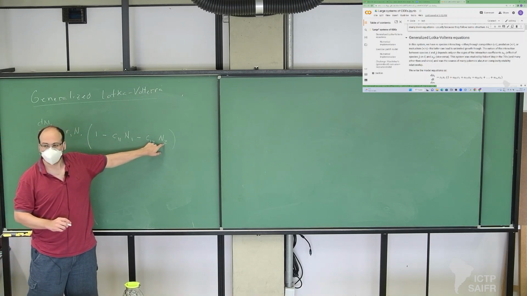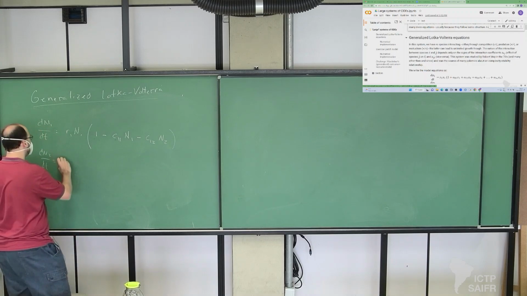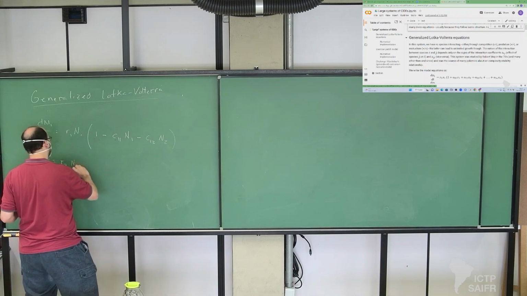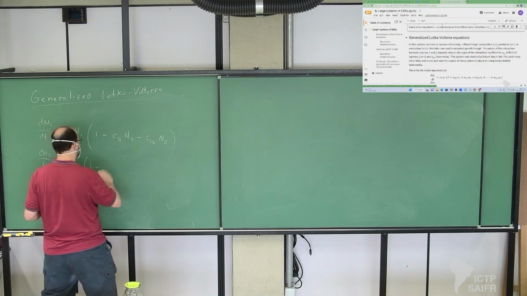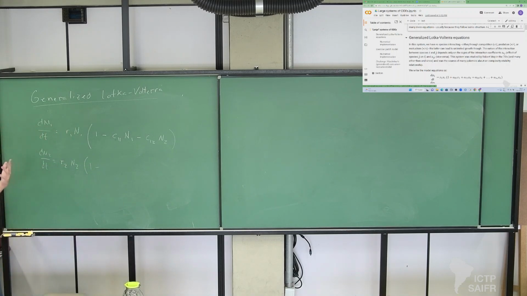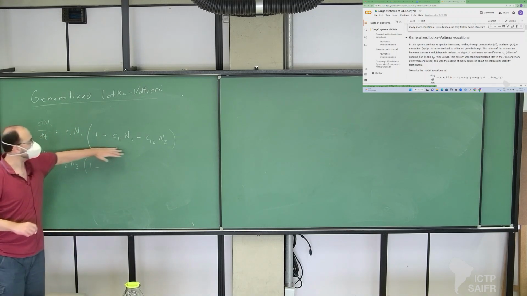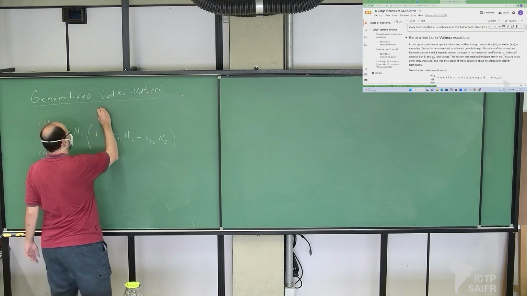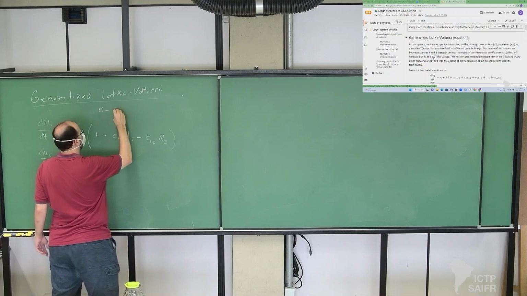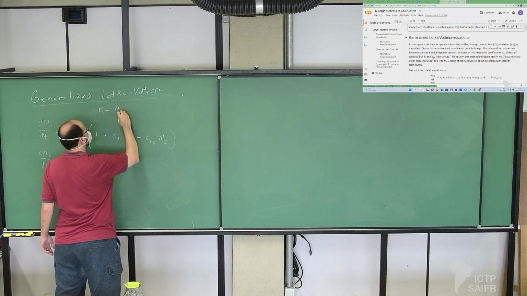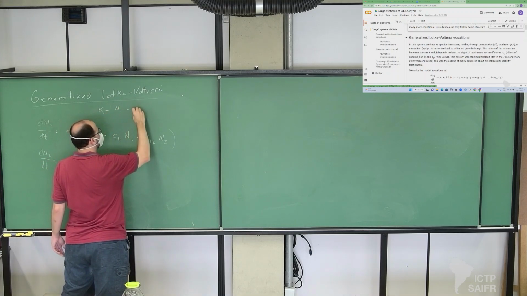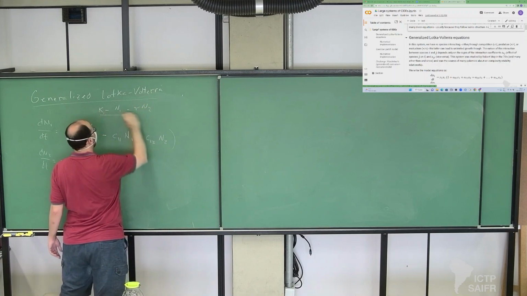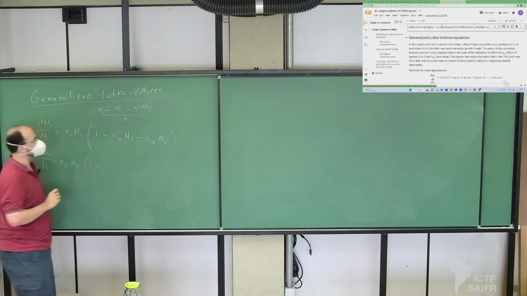So these are exactly the same equations that you have seen before, just written in a slightly different way. Instead of putting a carrying capacity here, the other form was K minus N1 minus alpha N2, divided by K. Yeah, this was the form that you had before.